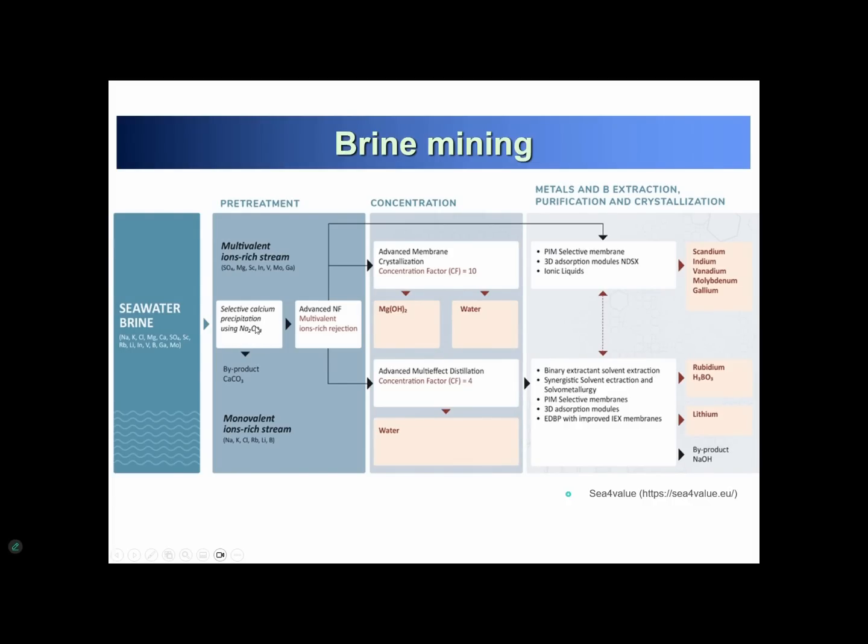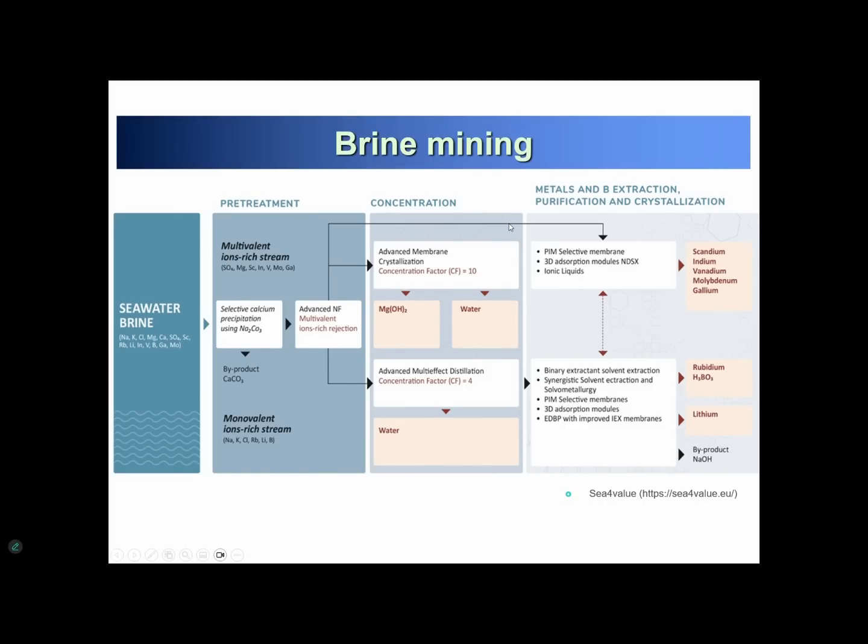So chemicals can be added to this brine, and you can precipitate calcium carbonate. And nanofiltration can separate your monovalent ions from some of the divalent ions. This divalent ion, magnesium hydroxide, and water can be separated by advanced membrane crystallization.